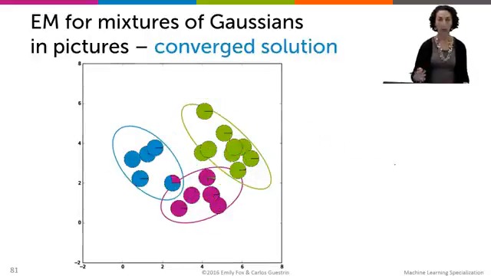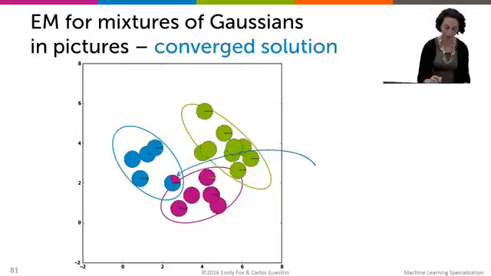But here's our plot at convergence, and what you see is that our clusters are pretty clean. They, in my point of view, capture the structure of the data fairly well. And really critically, if we look at, for example, this observation here, we see that even after convergence, there's still uncertainty that's represented in that observation's cluster assignment.